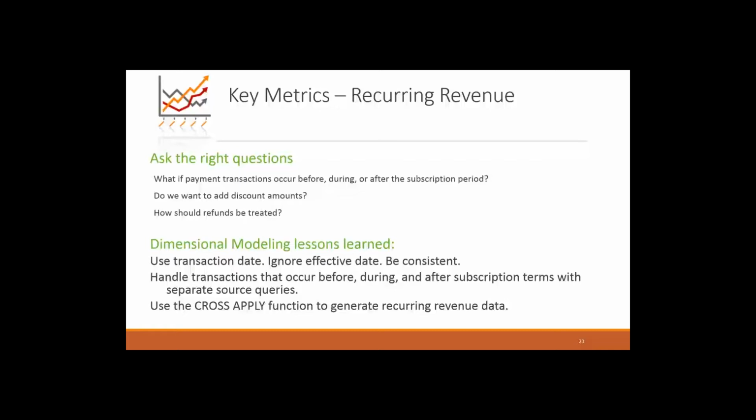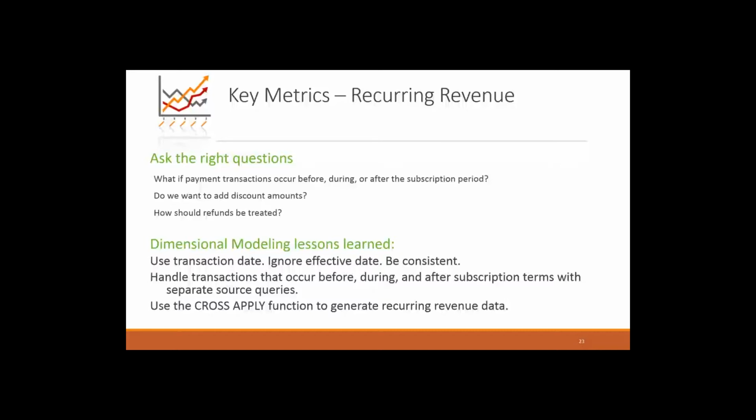That's when a person really should become active. But it may not. In your particular company, there may be exceptions. And when that occurs, whether it's before, during, or after the subscription period, you have to understand when you count that member as a new member.